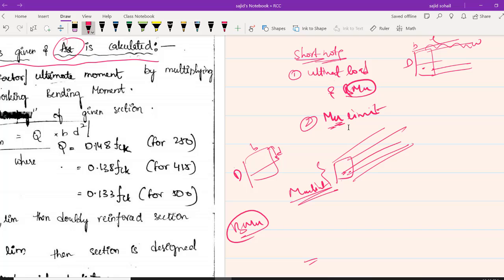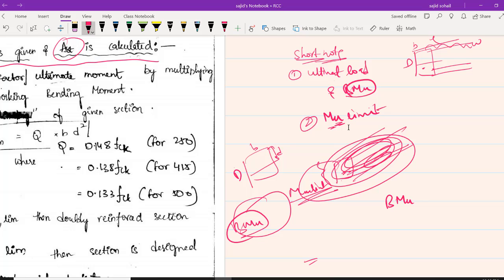To be on the safe side, obviously the resistance power of this concrete should be more than the bending moment which you are applying on it. It is common sense. So if your bending moment because of these loads is less than the resisting moment of concrete, MU limit, then obviously the structure is safe, and you can just go for a singly reinforced structure. You can just design it as a singly reinforced structure.